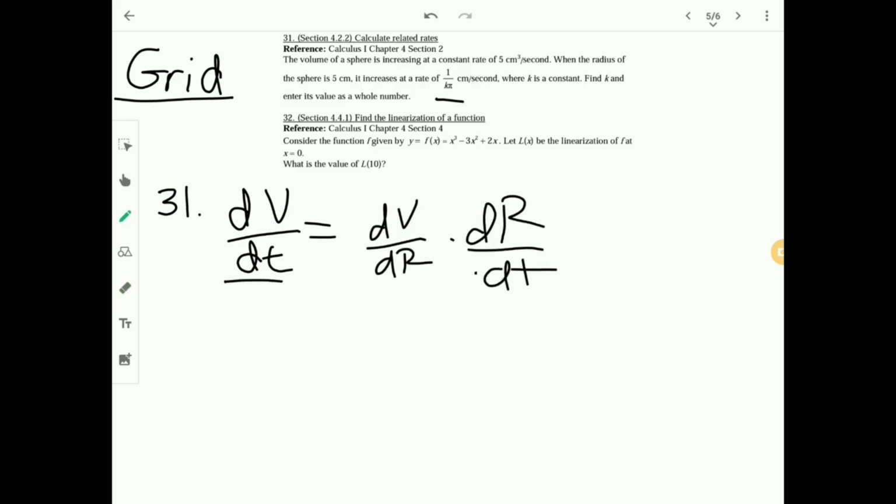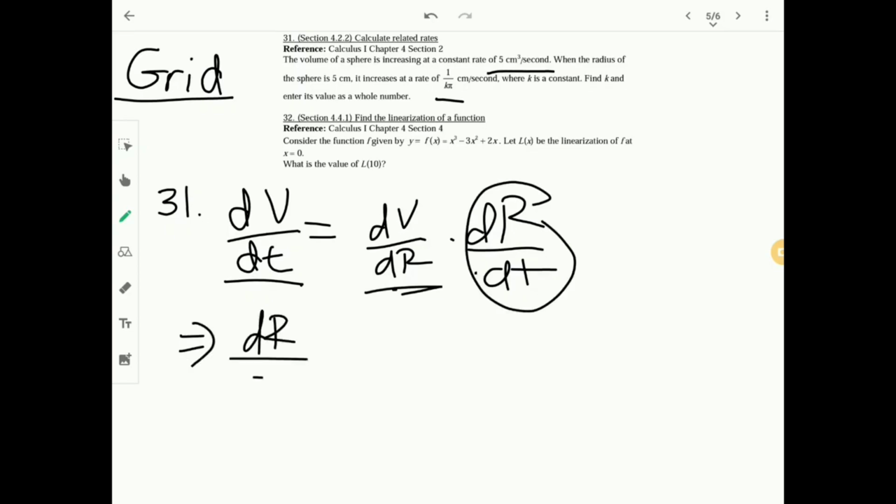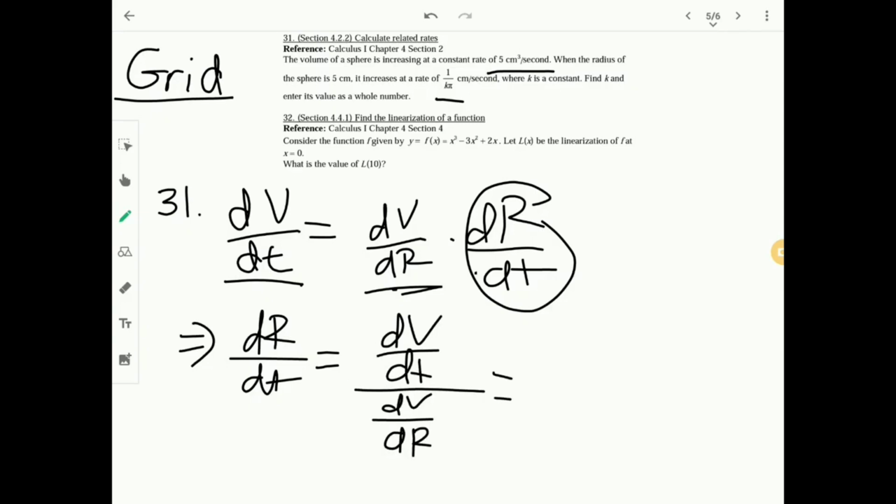We have dV over dt, the rate of change of the volume. It's constant. We're looking for dr over dt, which is dV over dt divided by dV over dr. The rate of change of the volume is 5, and dV over dr is the derivative of the volume, which is 4 pi r squared when r is equal to 5.